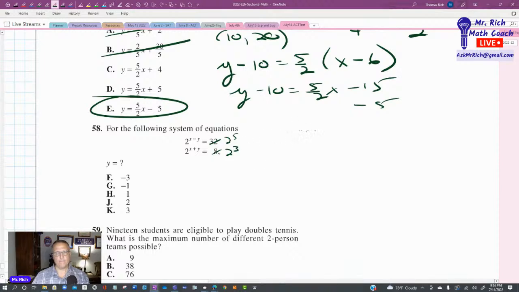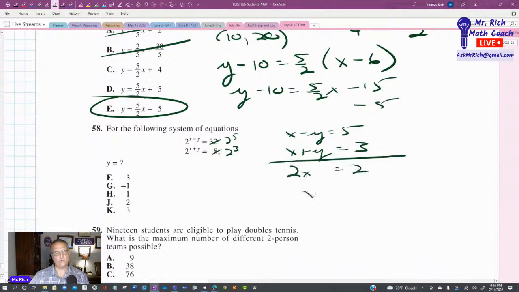So I can rewrite this as X minus Y has to be 5, and X plus Y has to be 3, because I've matched the 2 bases on either side, which means I can just equate their exponents. This is set up as a system here by elimination. So 2x equals 2, so x is equal to 1, and if x is 1, then y has to be 2.